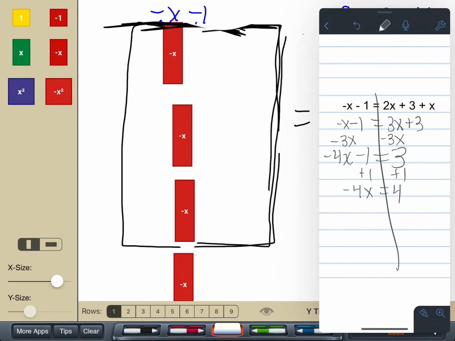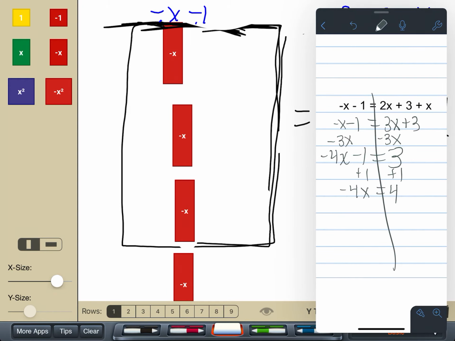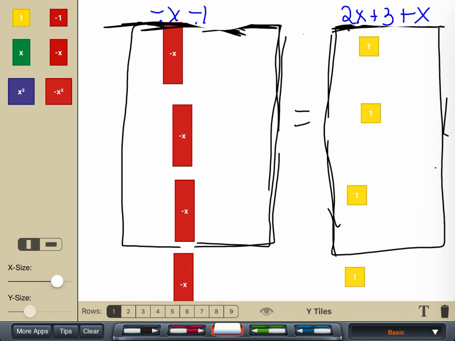Technically, on this problem, you would just divide by negative 4 at this point. But the way the tiles work is you split them up. So I have 4 groups, and there's 1 in each group. So this one would be negative x equals 1.